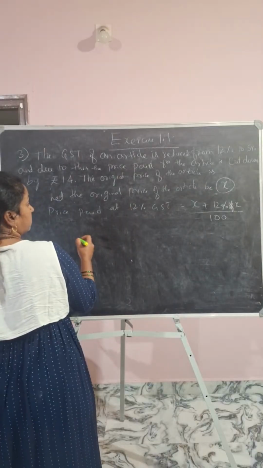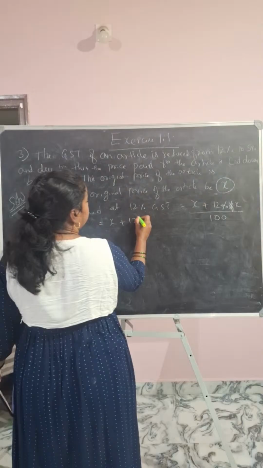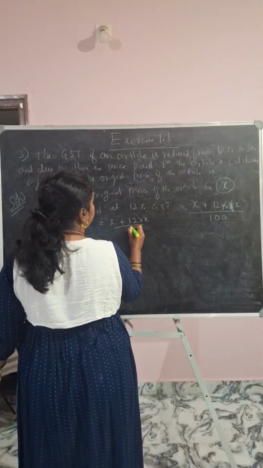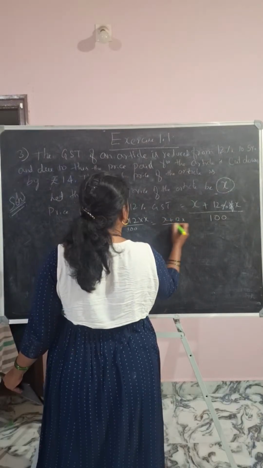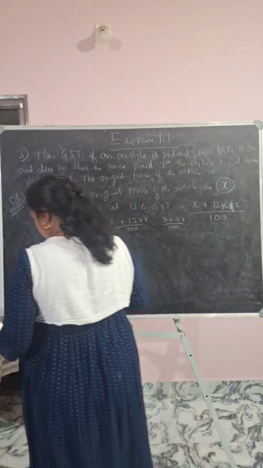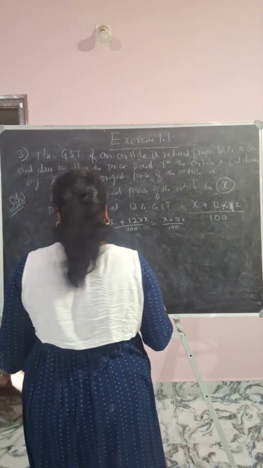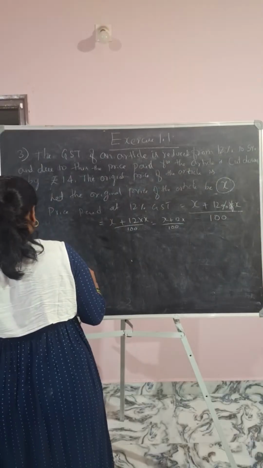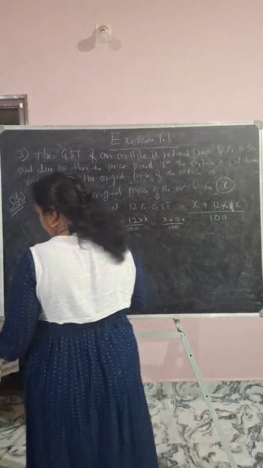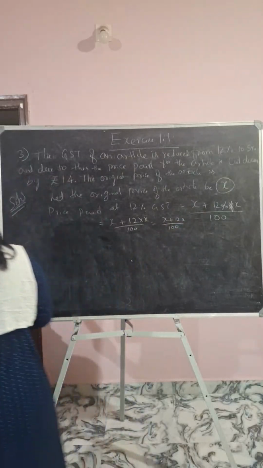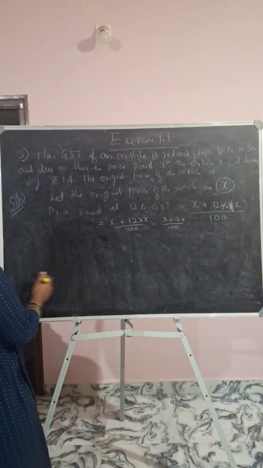That means X plus 12 into X divided by 100, which is equal to X plus 12X divided by 100. Here we can solve this in two methods.